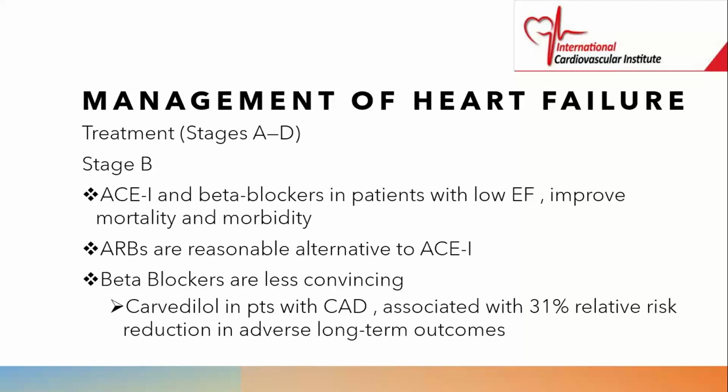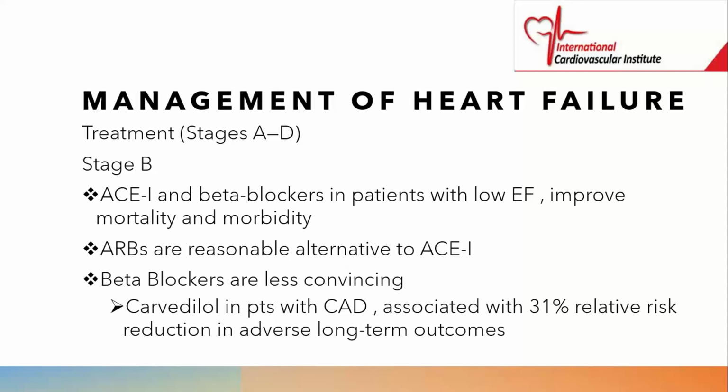So when we see our patients with stage B heart failure, if they have a low ejection fraction, so the patient who comes to the echo lab for pre-op clearance and is found to have an ejection fraction of 35–40%, those patients should be on an ACE inhibitor and a beta blocker, okay?